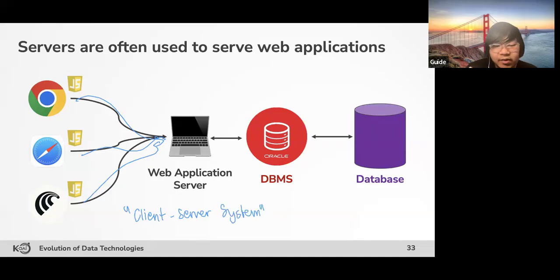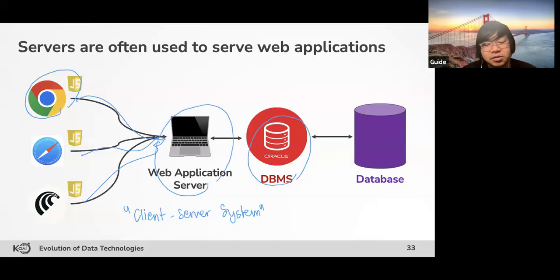Instead of letting the client talk with the DBMS directly, the client talks with a mediator, the application server, first. Then the application server talks with the database management system. Why don't we let the client talk with the database management system straight away? The first reason is that web browsers have limited functionalities.